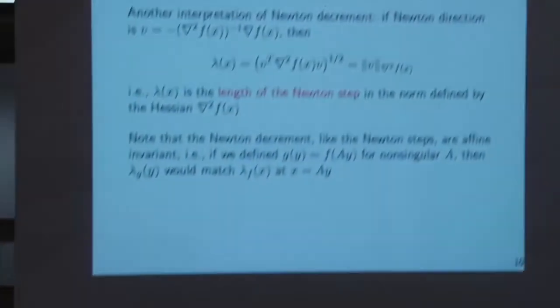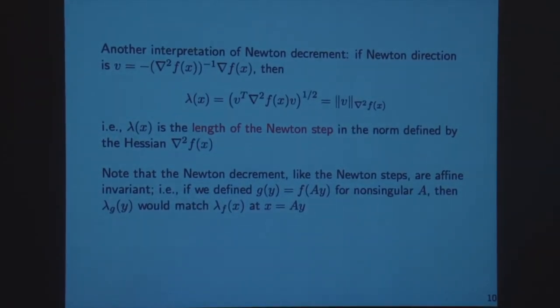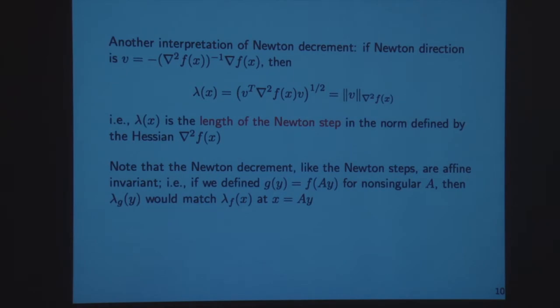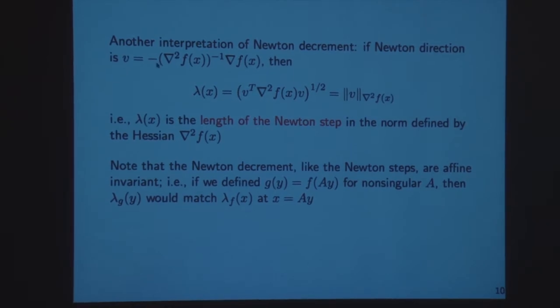Another interpretation of the Newton direction, of the Newton decrement, right, is that we're looking at the Newton step, which we've written as minus Hessian inverse the gradient, and we're actually looking at the norm of this, the length of this Newton step, but in a different norm than the L2 norm. It's a norm defined by the Hessian, right? So what does it mean?